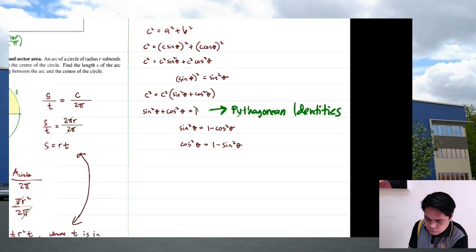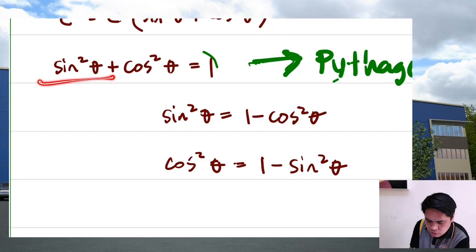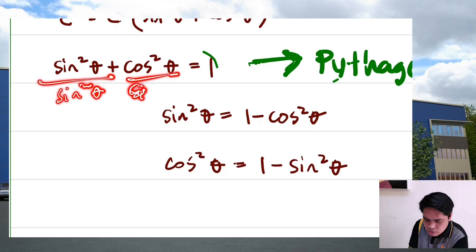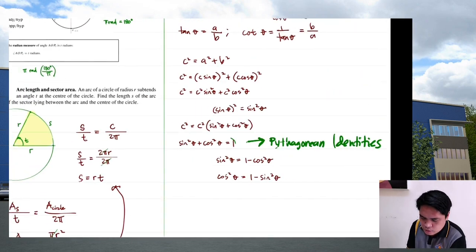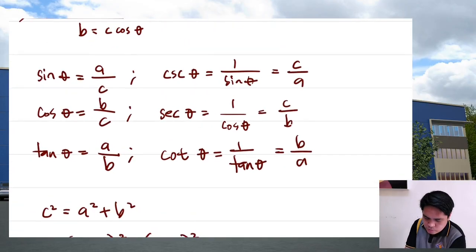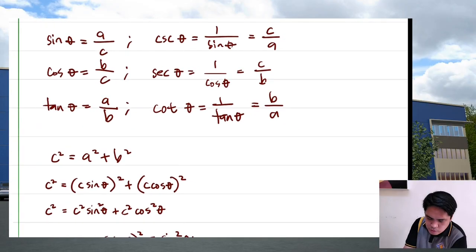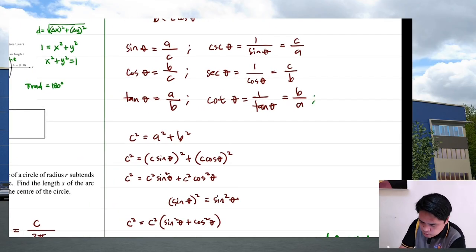Okay? Now, if we divide all terms by sine squared theta, this is sine squared theta, this is sine squared theta. So, this becomes 1, and this becomes, kulang tayo ng identity. So, may balikan tayo konti. Dito, sa tangent theta, let me add that here.